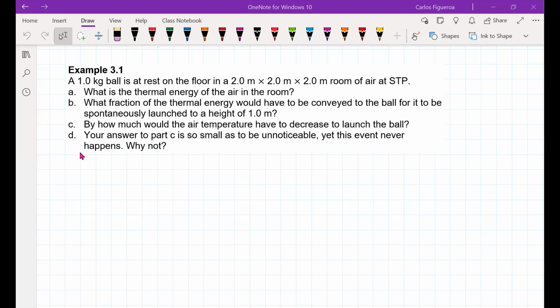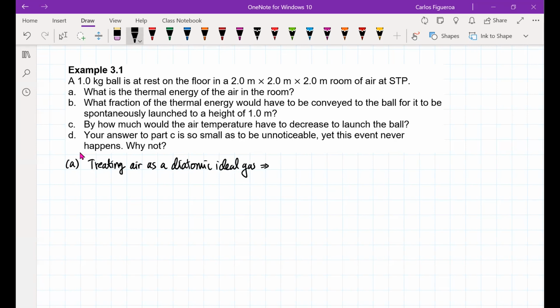A. Treating air as a diatomic gas, ideal gas that is, that means it has to have a low density.